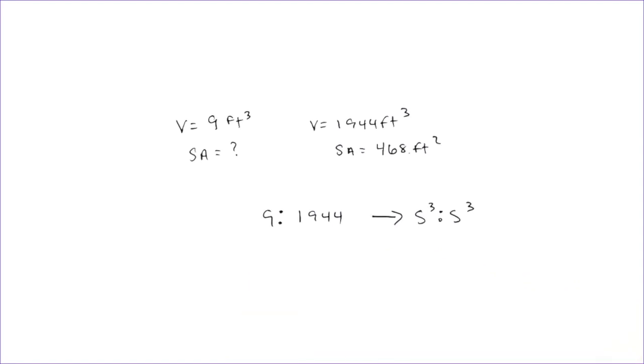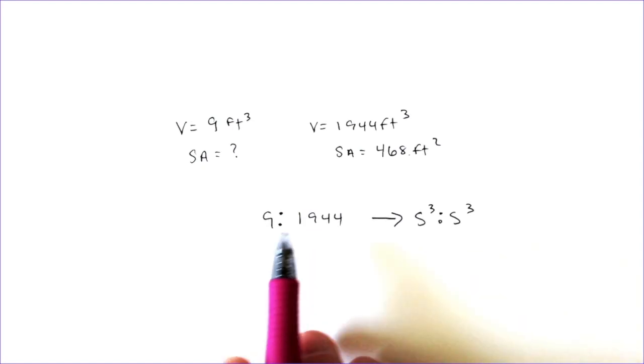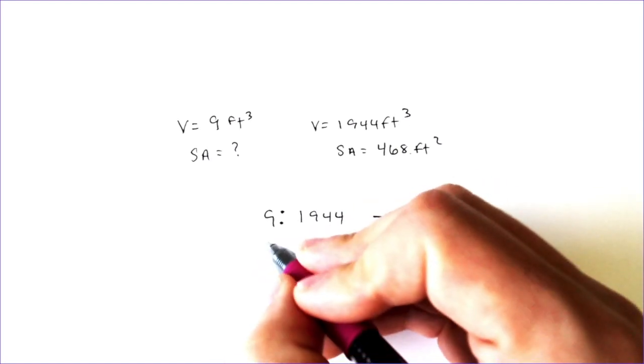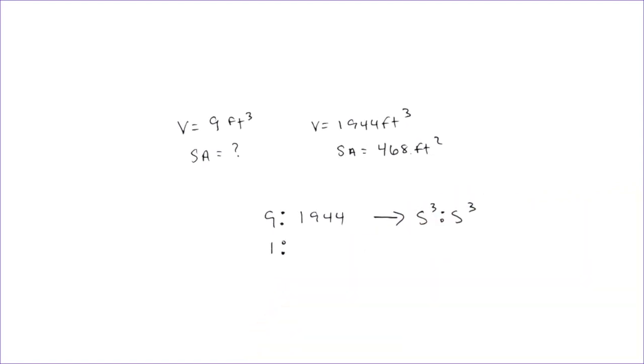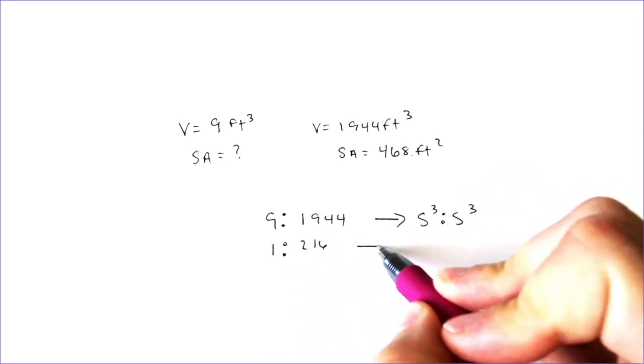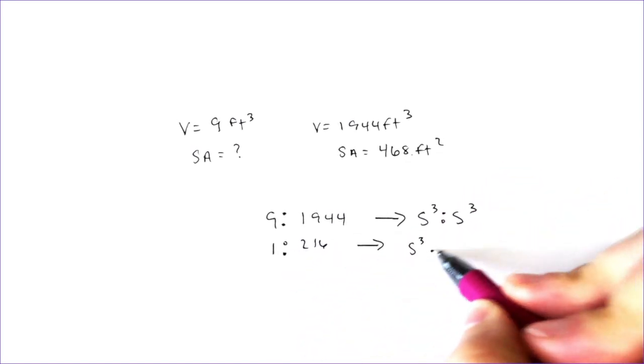If you simplify the ratio, odds are it'll turn into something a little bit more manageable. You can divide both the 9 and the 1944 by 9, and you end up with 1. And 1944 divided by 9 is 216.